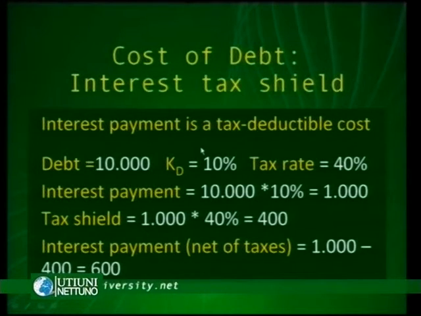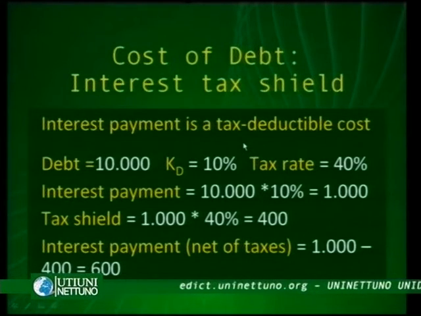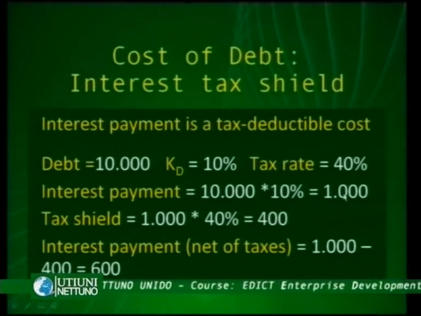We have an interest rate of 10%. Here, for simplicity, we are ignoring other costs for the debt. We have a tax rate on corporate income of 40%. And therefore the interest payment we expect for the next period is 10% of the loan balance, that is 10,000, so it's 1,000.